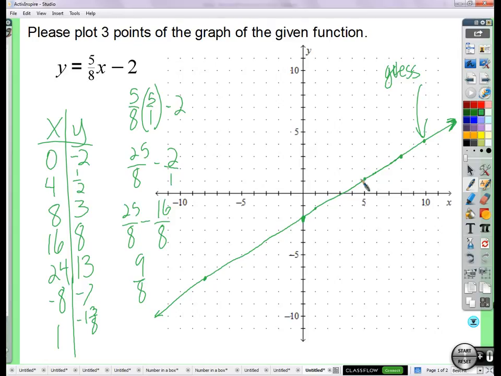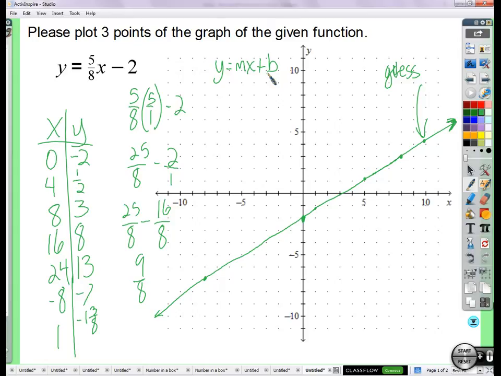So graphing then becomes, do I know what shape it would come out to be? In this case, we do. It would be a line. Any function that can be written like this, a number times x plus a number, will be a line. So it becomes kind of a game of finding the least number of points necessary to figure out where that line would be.